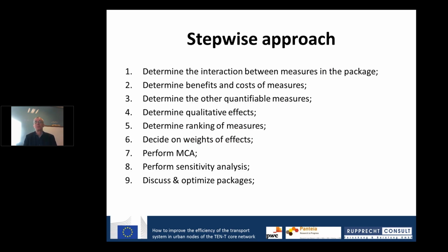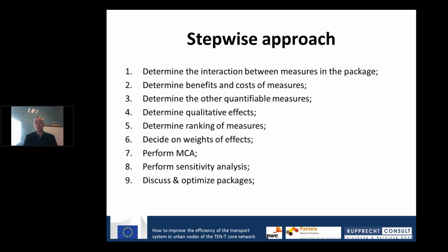Turning to the methodology, we developed a stepwise approach, in 9 steps. In the first step, we determined the interaction between the different measures. In the second step, we determined the benefits and costs of measures. In the third step, we turn to the other quantifiable measures. In the fourth step, we turn to the qualitative effects. And then in the fifth step, we rank the measures.